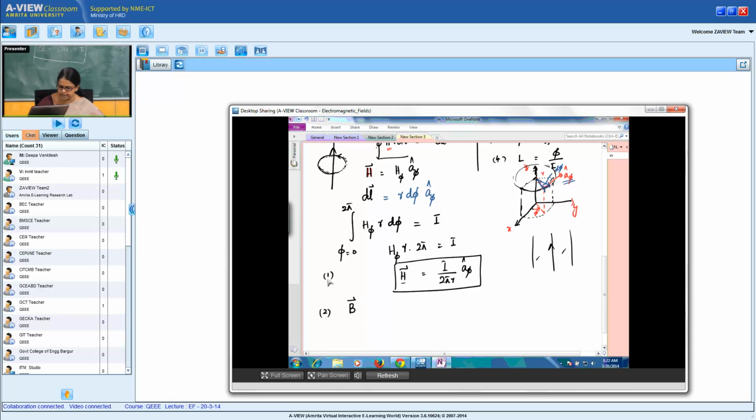The first step is done. That is mu times H, which is the magnetic permeability of the material. Material is non-magnetic, magnetic permeability is mu naught. So this is mu I over 2 pi r a phi.